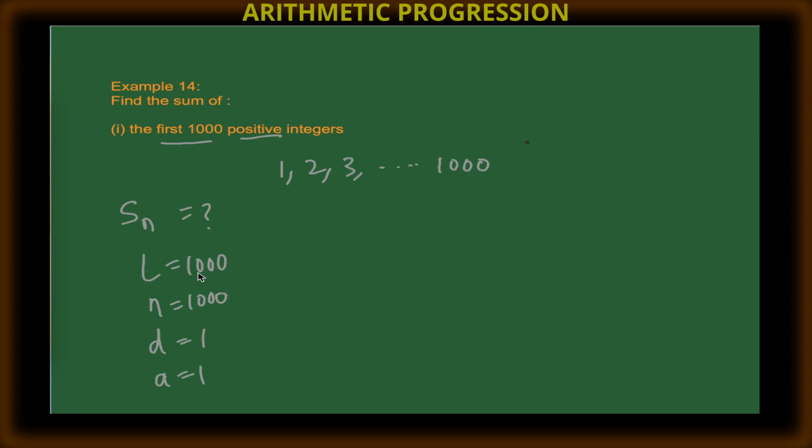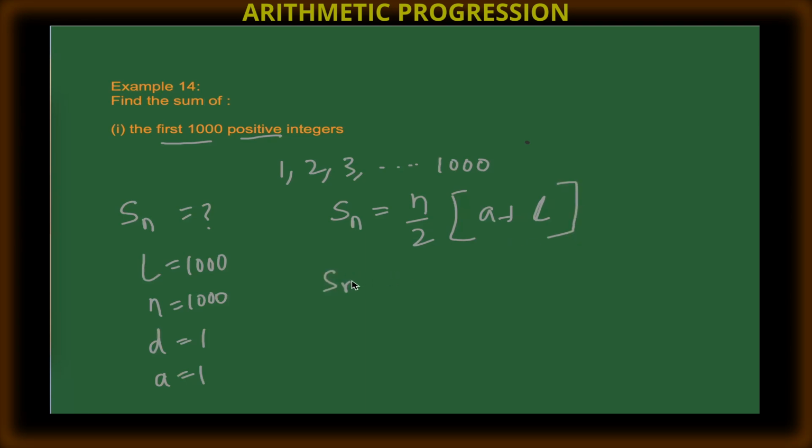So in this case, when L is given, we have another formula. We can find Sn, the sum of the n terms, is equal to n by 2 into A plus L.